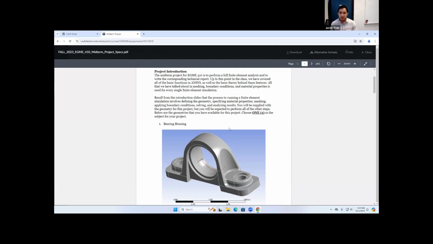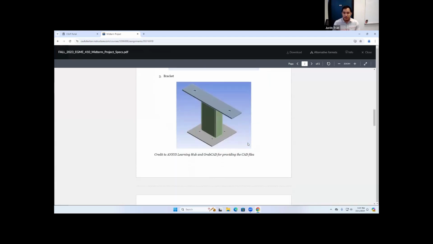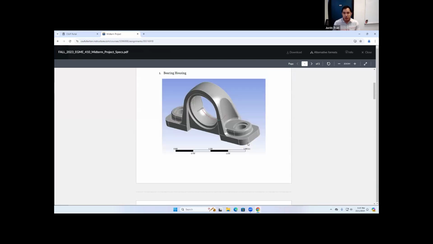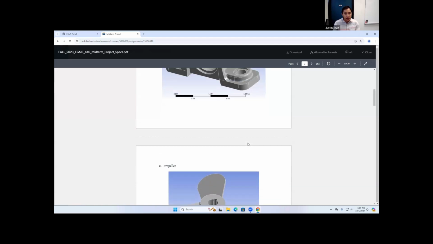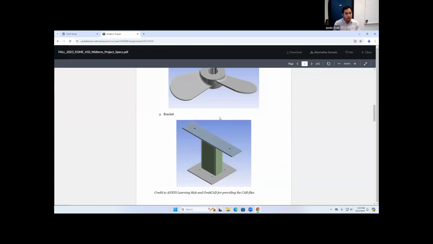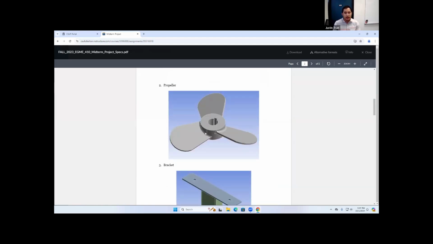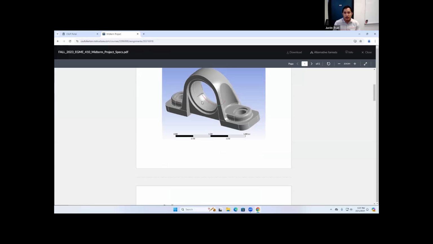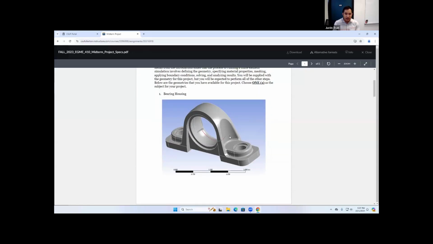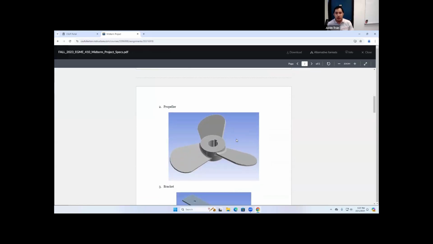So even though the geometries are going to change, they're going to be kind of similar. I expect there to be a bracket of some kind. I like to provide a geometry with some kind of curvature to the CAD file, and then another one that combines both.